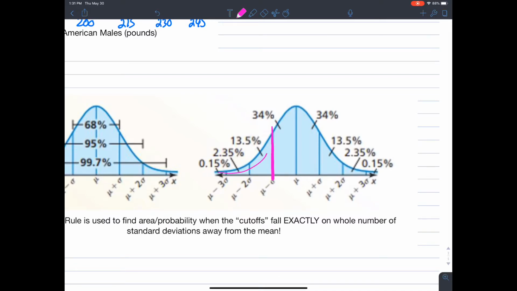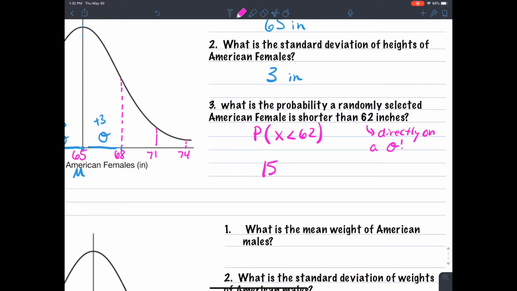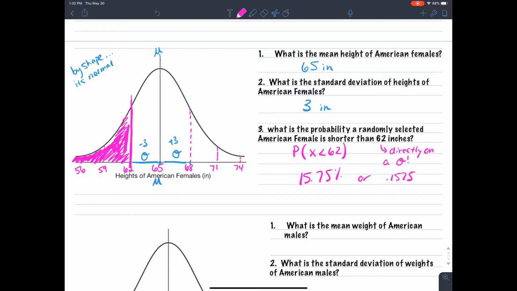So we'd have 13.5% plus 2.35% plus 0.15%. All of these individual pieces add up to 15.75%. So that's our answer, 15.75%, or as a decimal, 0.1575.